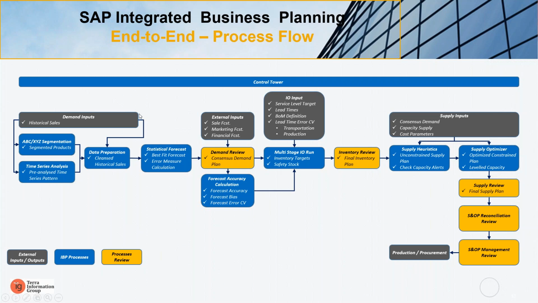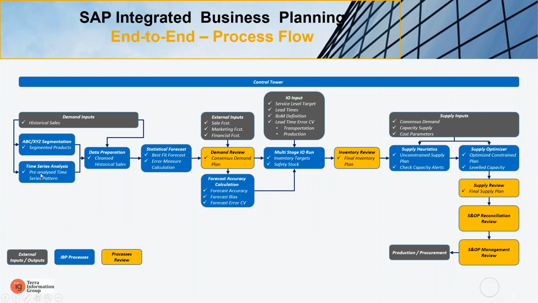There are a lot of algorithms inbuilt within the IBP suite, which help not only the organization but also the business planner if there are any inconsistencies in the data. For example, with demand inputs, there are historical sales based on which we can do segmentation. ABC/XYZ is a segmentation based on volatility and forecastability of the data set.